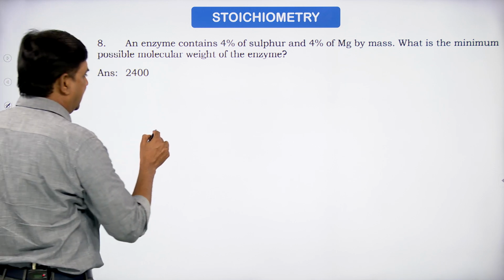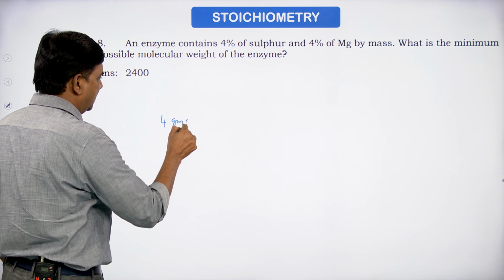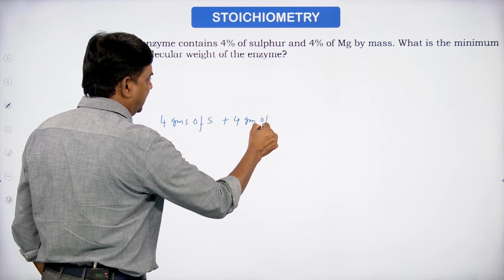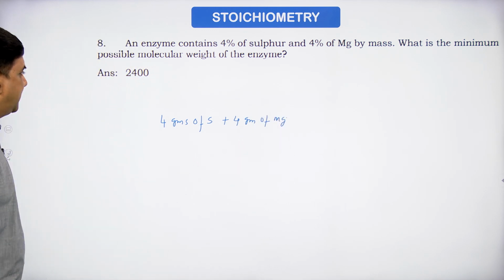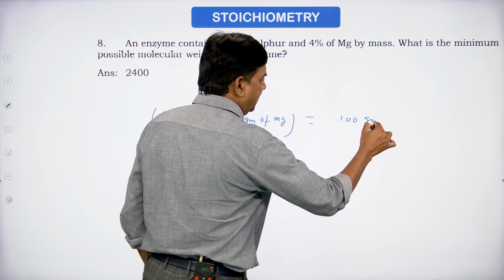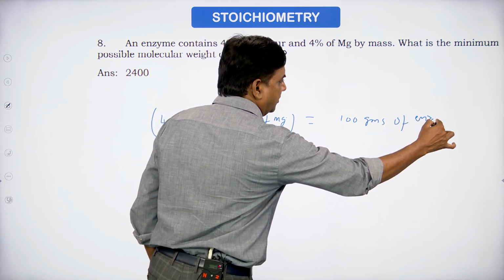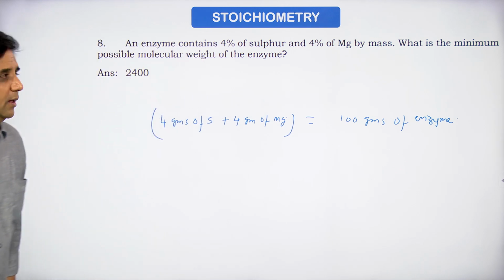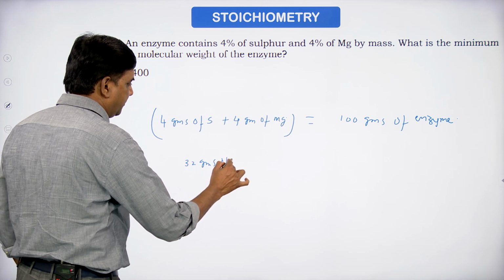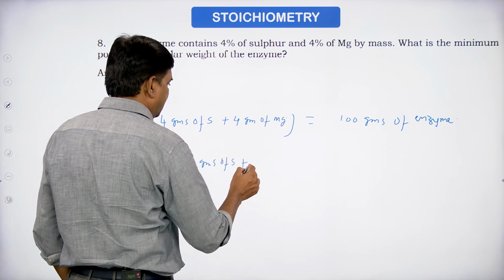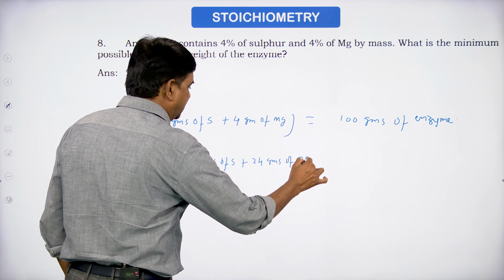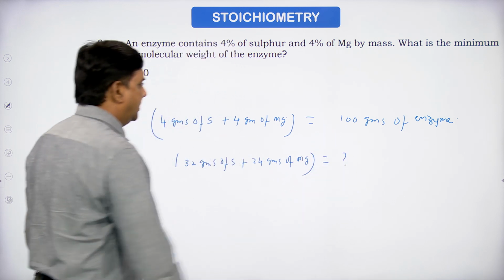Let us solve. This contains 4 grams of sulfur and 4 grams of magnesium, present in 100 grams of the enzyme. Now, 32 grams of sulfur plus 24 grams of magnesium is present in how much?